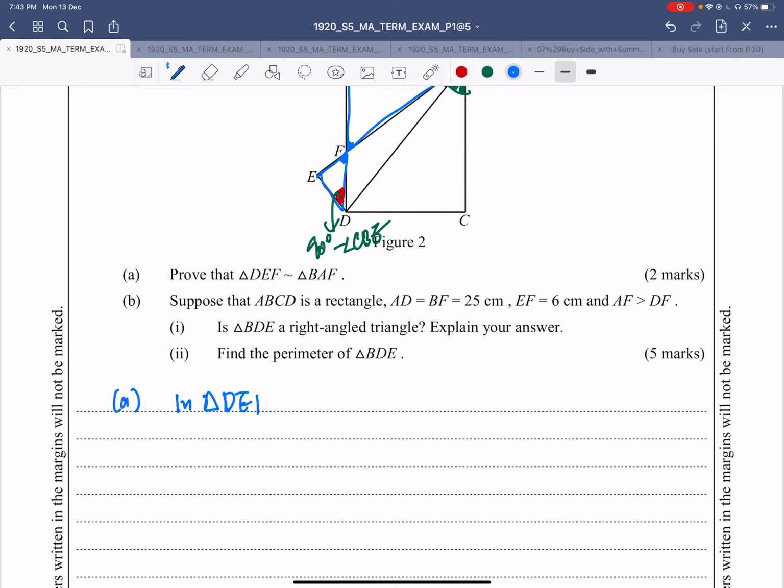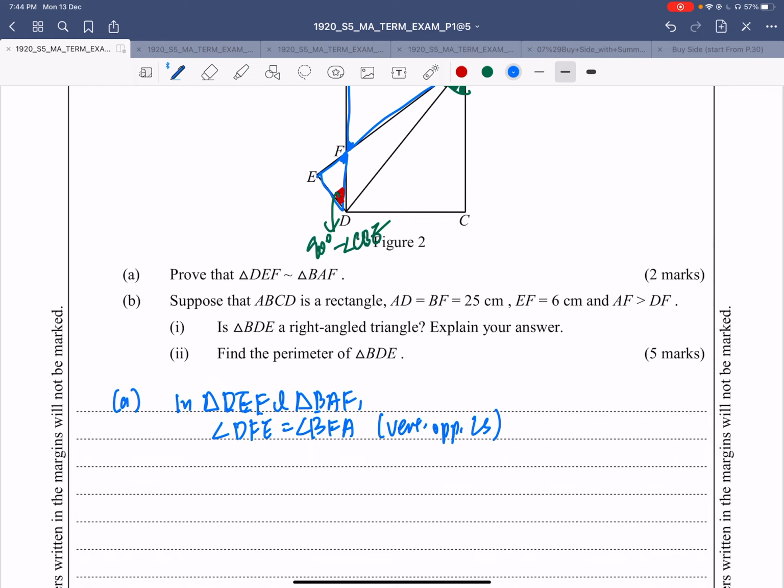In triangle DEF and triangle BAF, angle DFE equals angle BFA, vertically opposite angles.